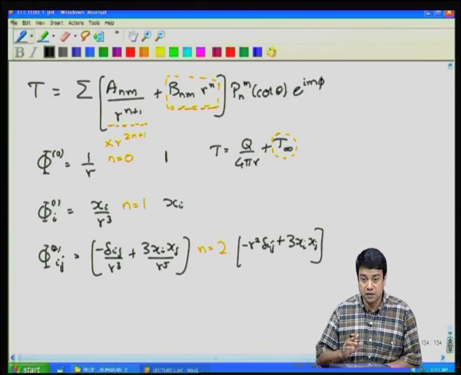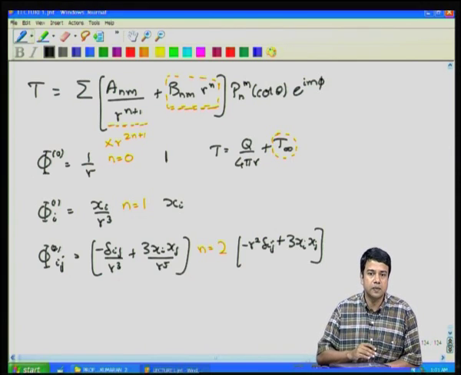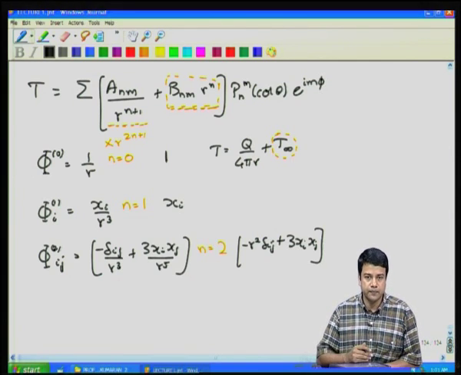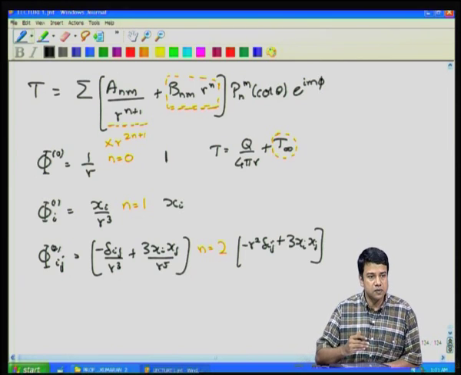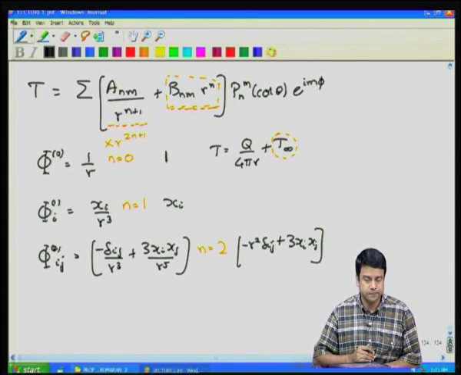There is another set of solutions for the Laplace equation in which the solutions increase as r goes to infinity. Those are the growing harmonics, and you get these by multiplying the decaying harmonics by r power 2n plus 1. In that way we can get solutions which are scalars, vectors and tensors for the Laplace equation.